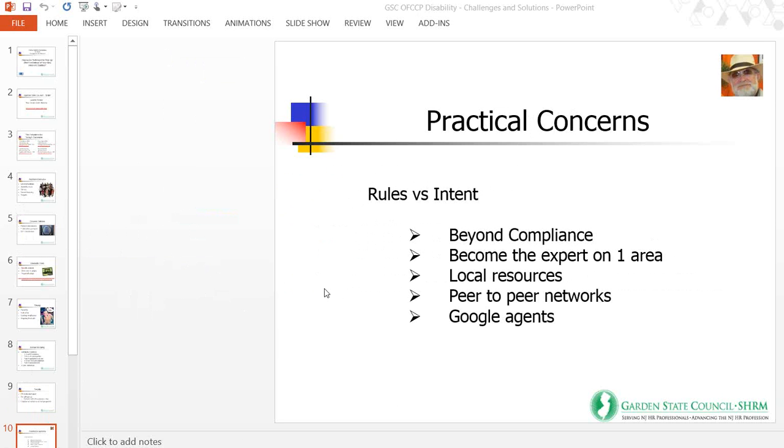And one of the big issues I think is going to come up is that when you start looking at who is disabled within your organization, what we're learning is that a significant number of your employees will not declare themselves, will not disclose that they are disabled.